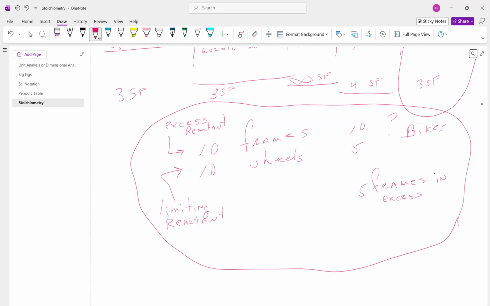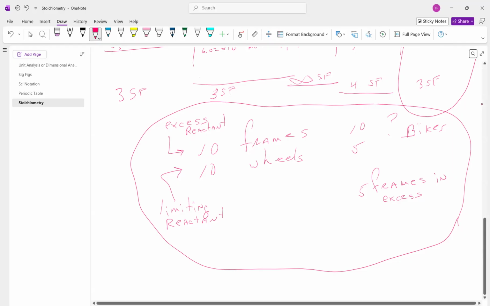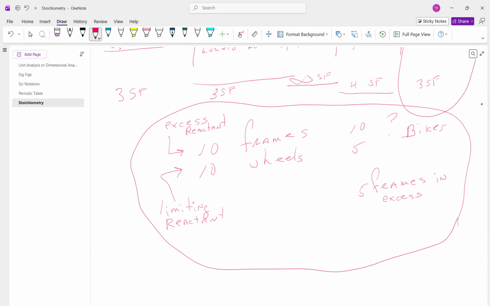Now, normally in a regular year I separate out what we've been doing for the limiting reactant by days, and I tell you to go home and do a worksheet with a whole bunch of practice on it.